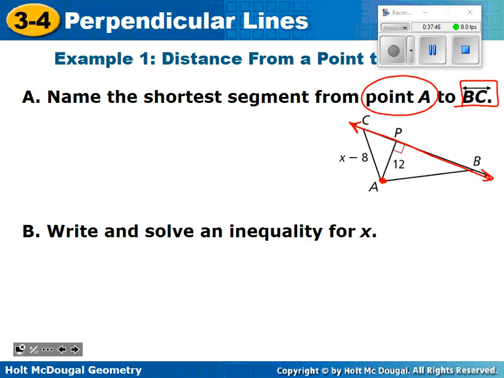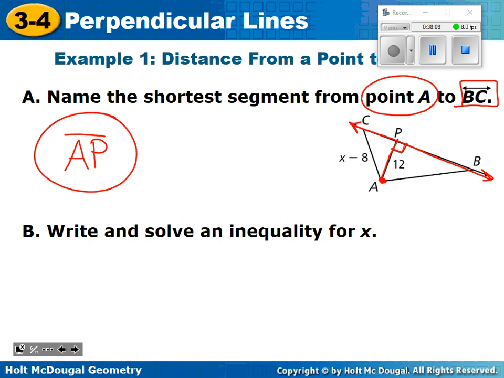Line segment what? AP. Not AB because it's diagonal, not AC because it's diagonal, but AP because it forms a right angle. And so it just says name the segment, so we would just put AP with the segment above it. Would you agree that's easy? Okay, just make sure that it's forming a right angle for it to be the shortest segment.